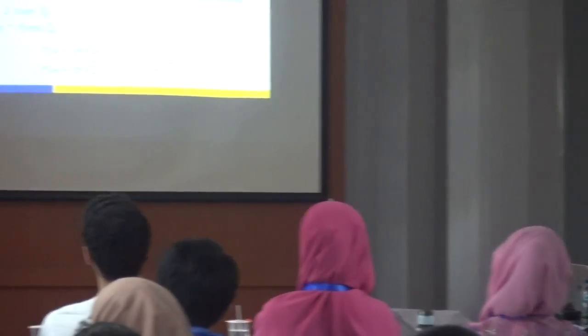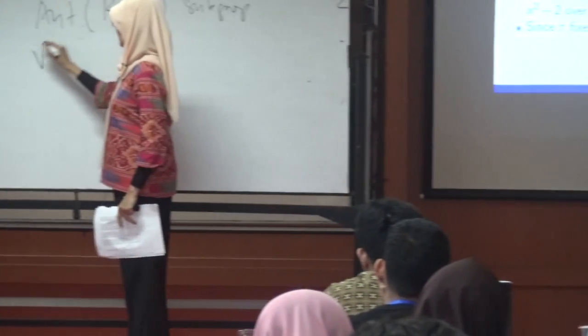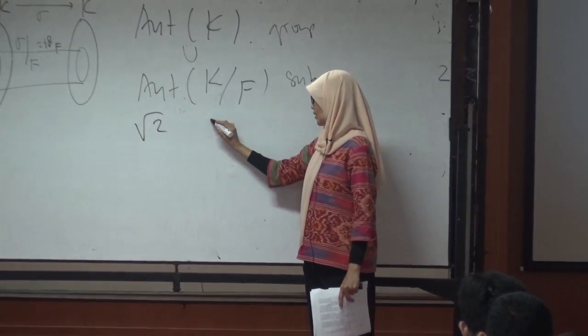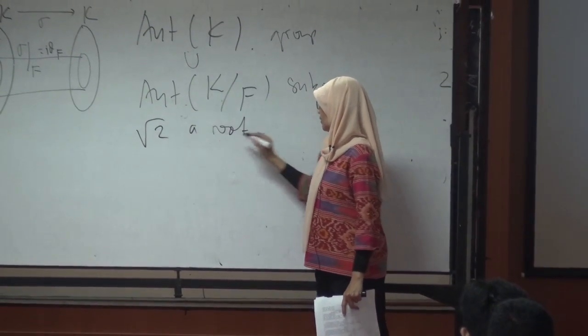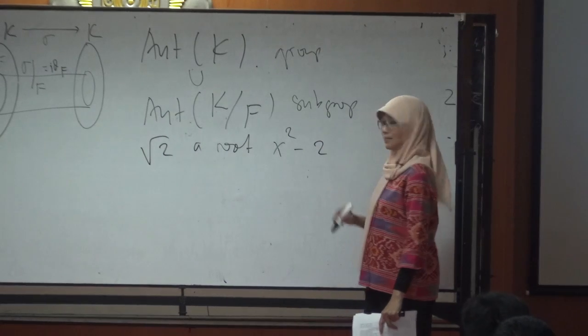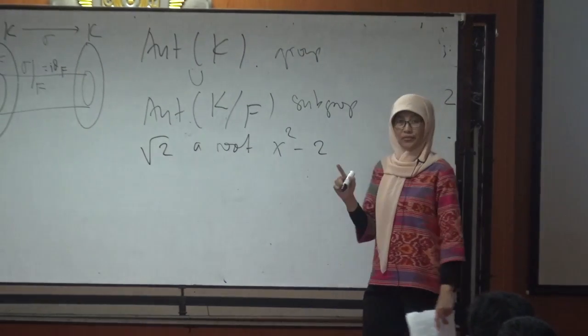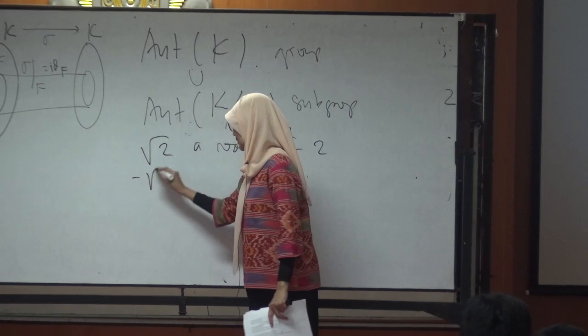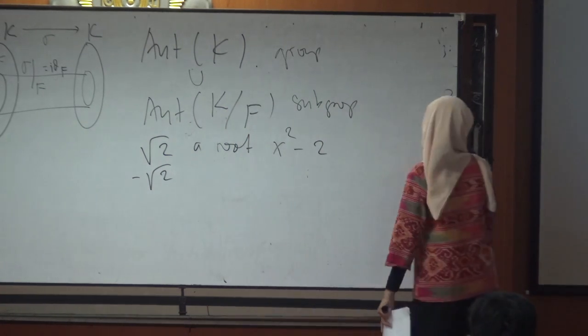And from the last proposition, we know that square root 2 is a root of x square minus 2, right? And we have still another root, what's it, minus square root 2.